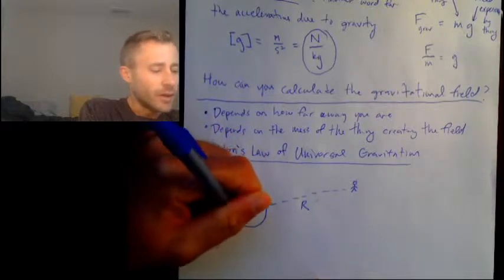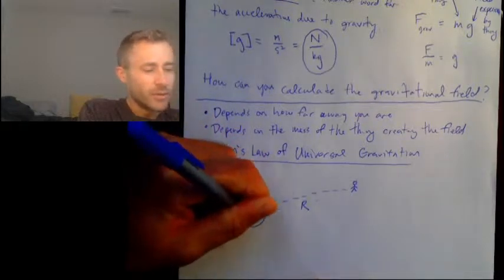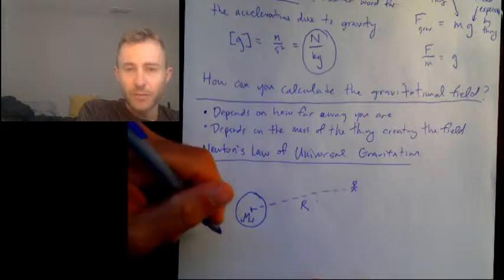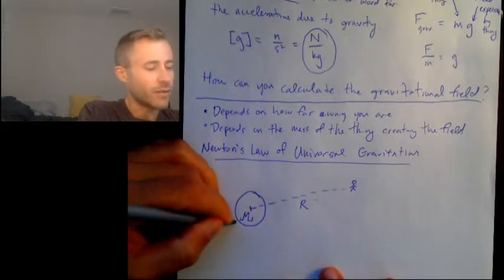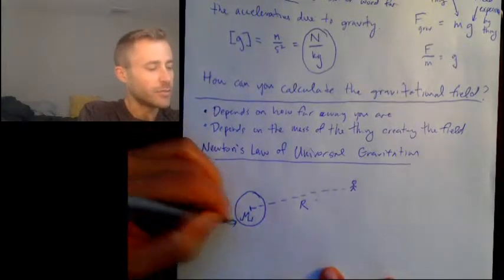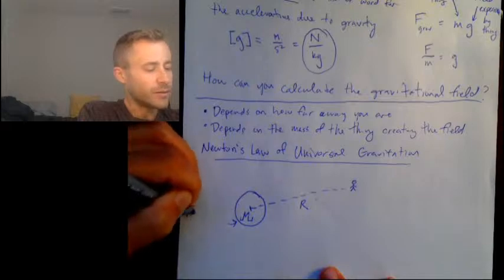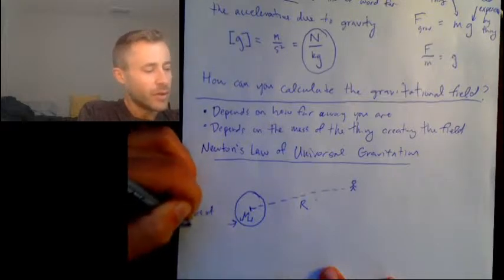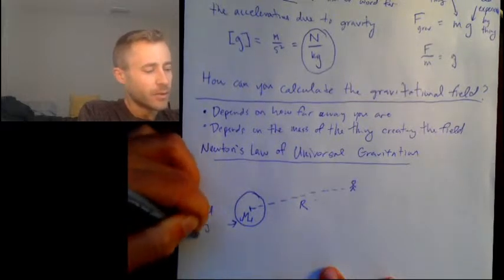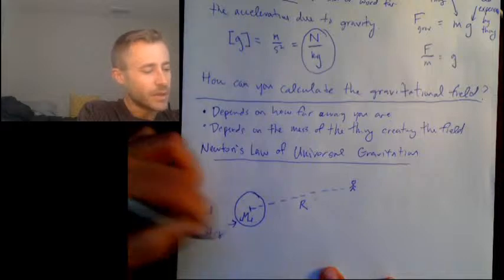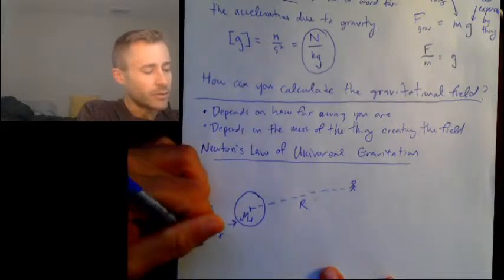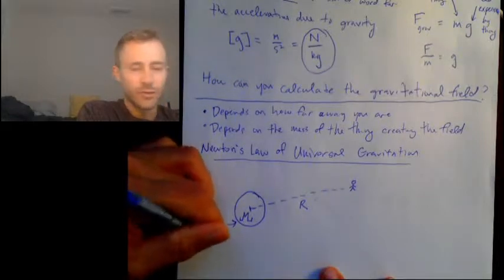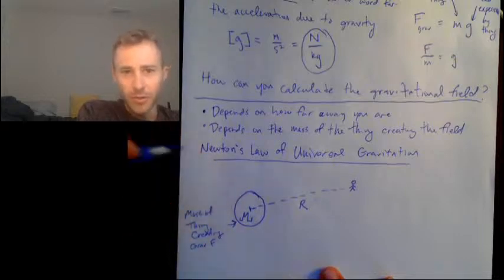And I'm going to use a big M to be the mass of the thing that is creating the gravitational field. I use the Majin M from Dragon Ball for that.